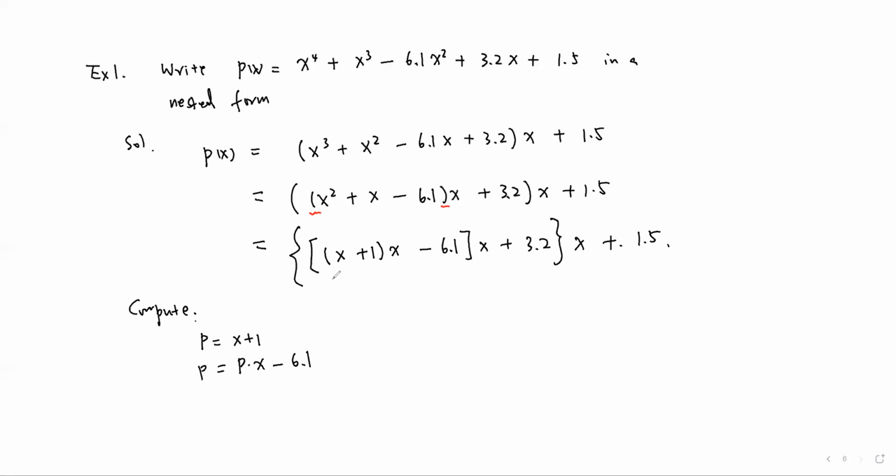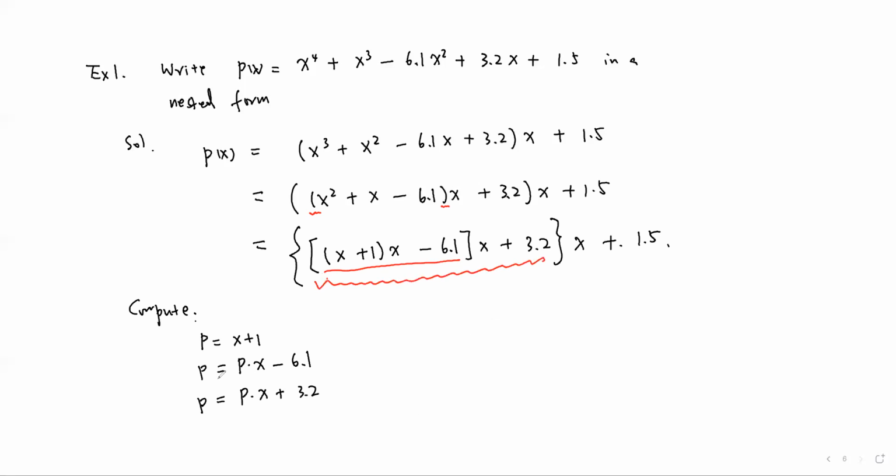Now, P is this number. Next, compute P times x plus 3.2 and store the result in P. Now, P is this number.